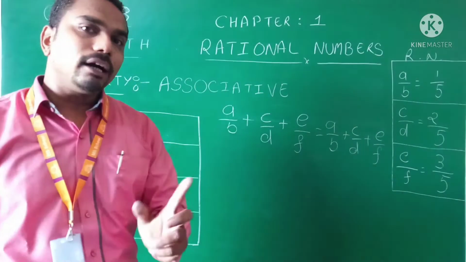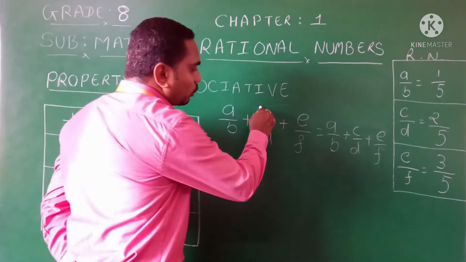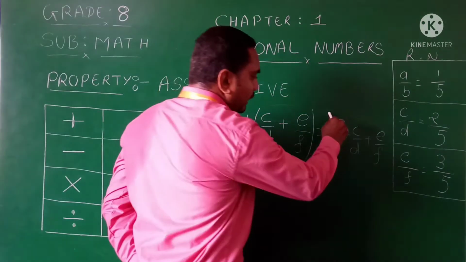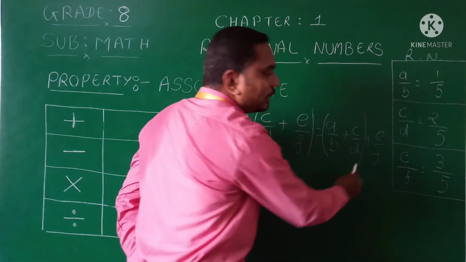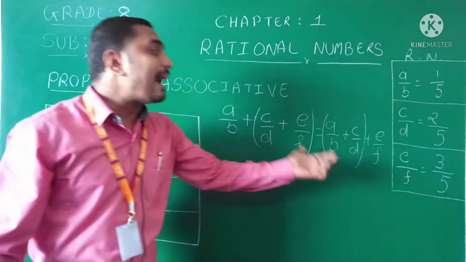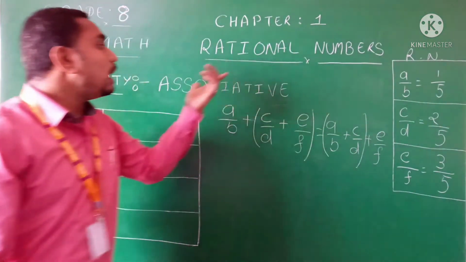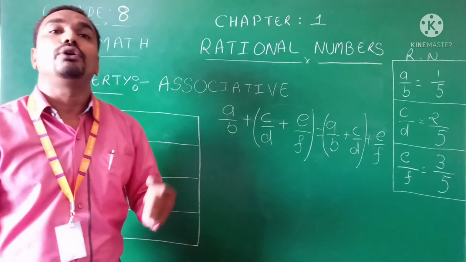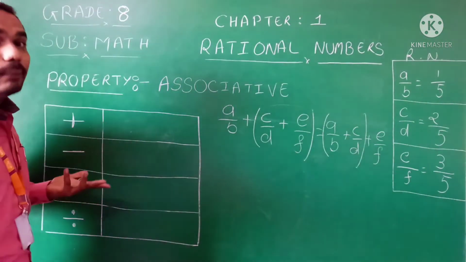So here we will make a group. First we will take a group of c upon d plus e upon f, and second one a upon b plus c upon d. By putting in such values, you can identify whether the associativity property is applicable or not. So indirectly I am just giving the answer.